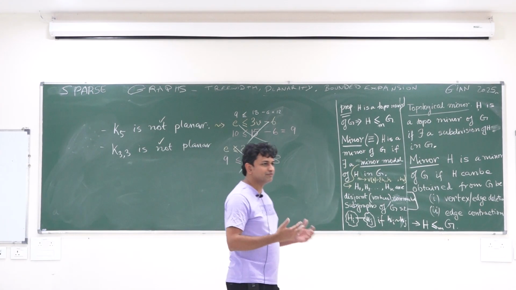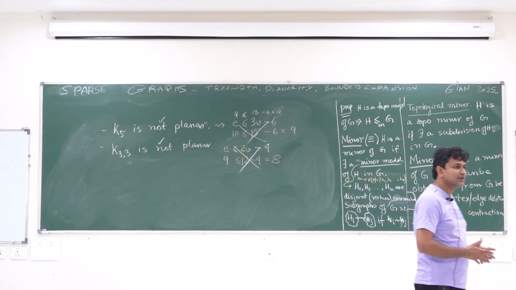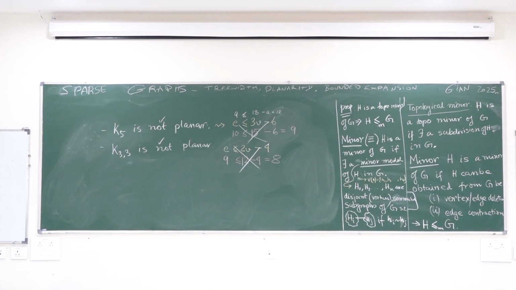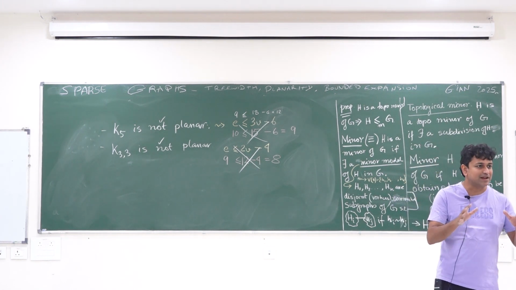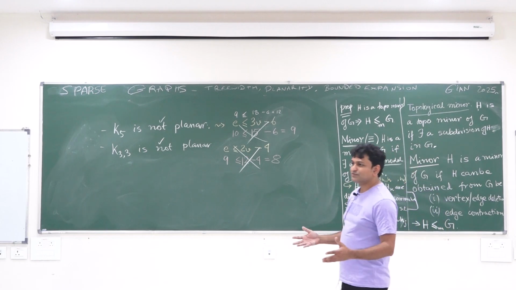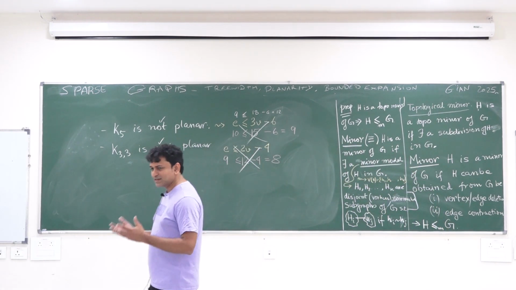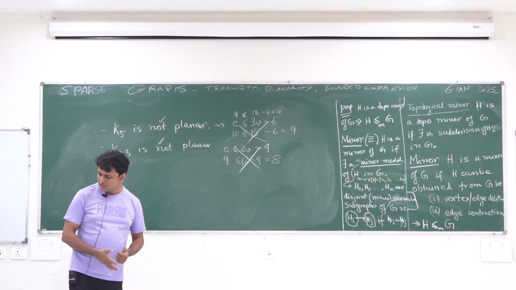But that turns out to be very difficult or impossible. Okay? But in many cases, if the case is favorable to me, then I can say, okay, don't forbid the subgraphs, but forbid minors. And then it works very well. In many cases, and we will see in which cases.